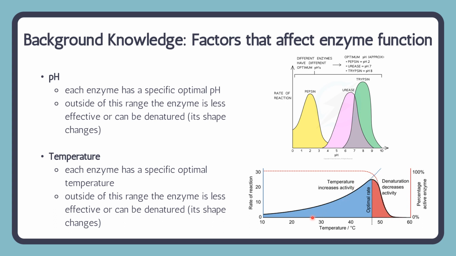Before that, it is less effective. But all I want you to know here is that pH and temperature affect enzyme activity. Enzymes have a specific optimal pH and a specific optimal temperature. Outside of this range, they're less effective or they denature, so their shape changes and we cannot use them.